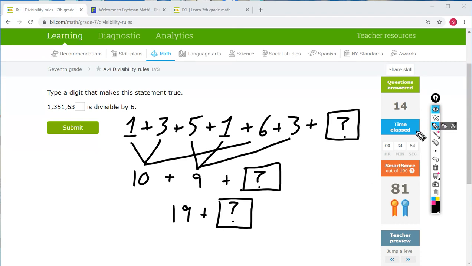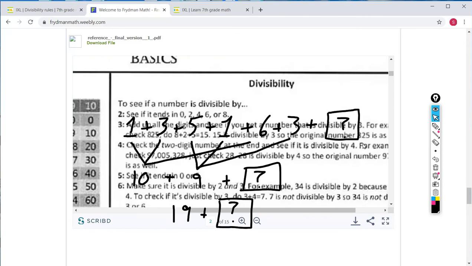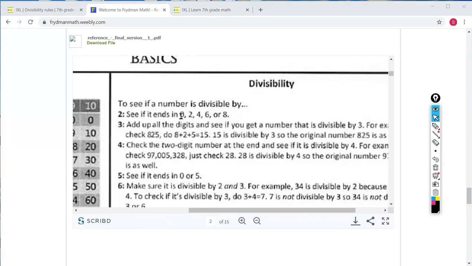Except I also want the whole thing to be divisible by 2. So since I'm choosing the last digit here, the only numbers that I have to choose from to replace the question mark are 0, 2, 4, 6, or 8, right? Because if I pick any other digits, then it won't be divisible by 2.